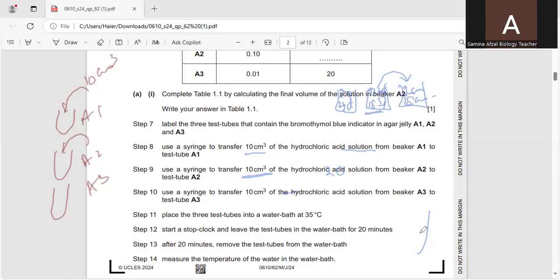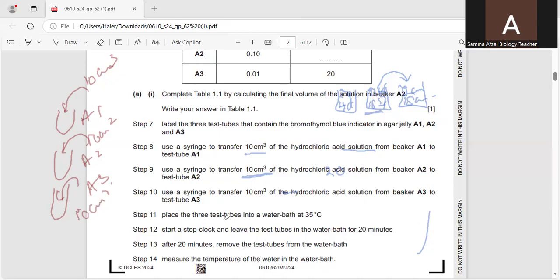From A2 again 10 cubic centimeter was added, and into A3 the solution from the beaker A3 was added. The volume was the same, that is 10 cubic centimeter.